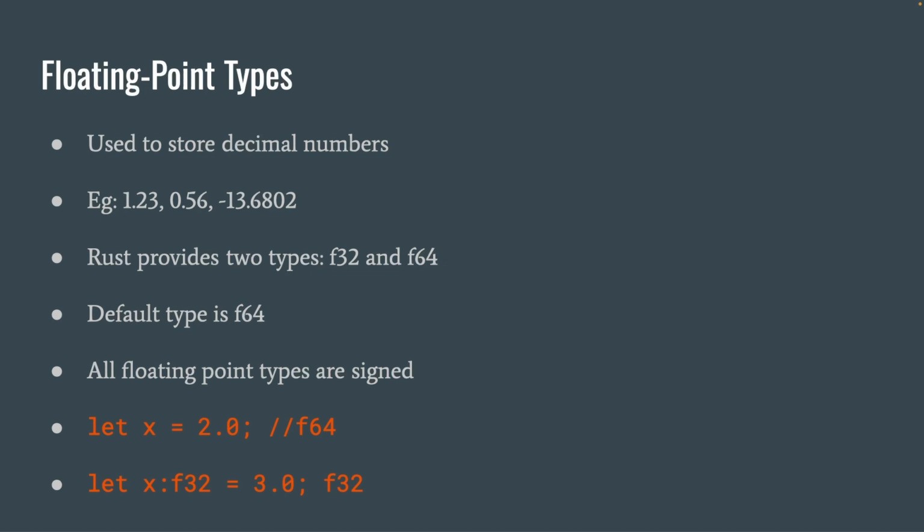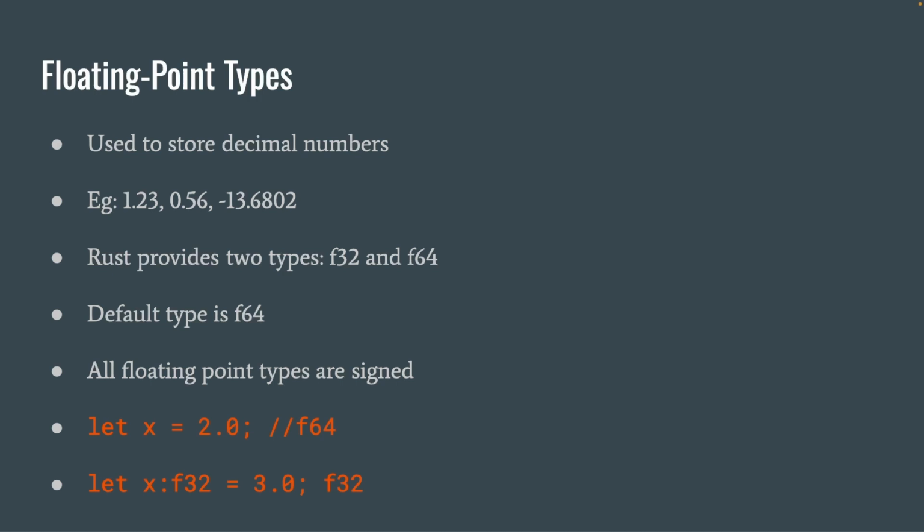Floating point data types are used to store decimal numbers, such as 1.23, 0.56, minus 13.6802. Now Rust provides two types, F32 and F64, which are 32-bit and 64-bit. The default type is F64, since on modern CPUs, it is roughly the same speed as F32, but it's capable of more precision.